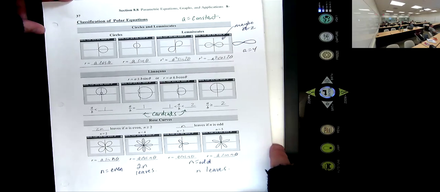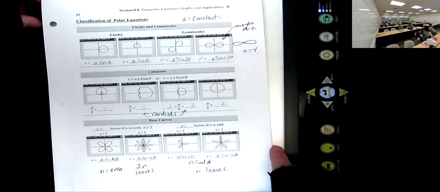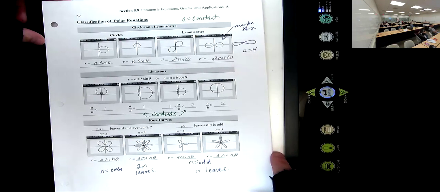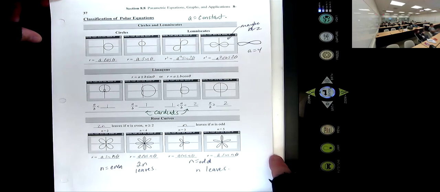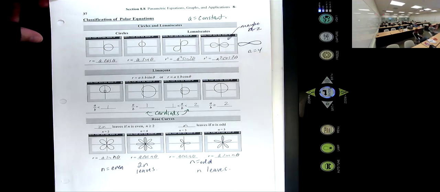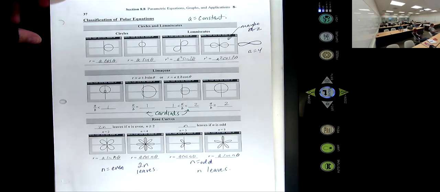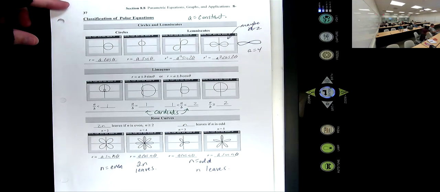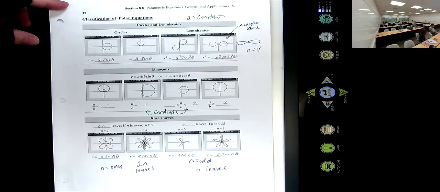Does anyone want to take a picture of this? Yes, I'll scan it and add it to the notes. The last page of the chapter too. David's a go-getter, he likes to print stuff out. The last page of the chapter, I printed out and never used. Chapter or section?